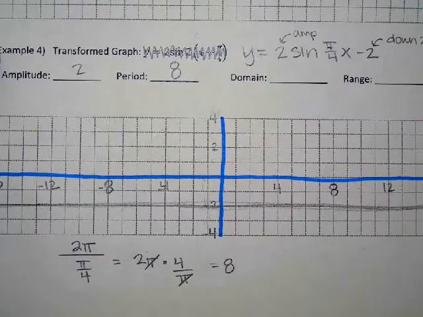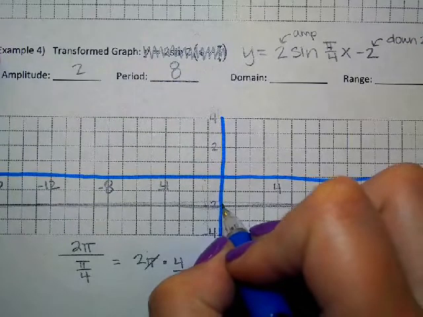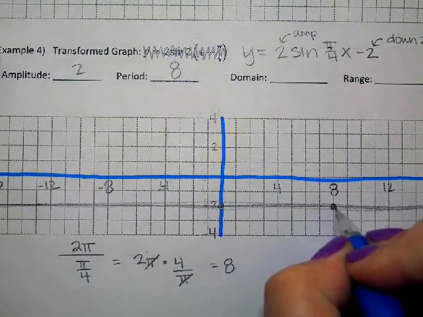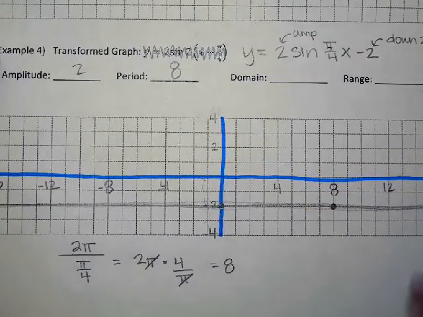And how do sine graphs usually work? How do we start graphing them? Okay, so put a point at the beginning, put a point at the very end. So we got a point at 0 and 8. Where else do we put a point? At 4, right in the middle.